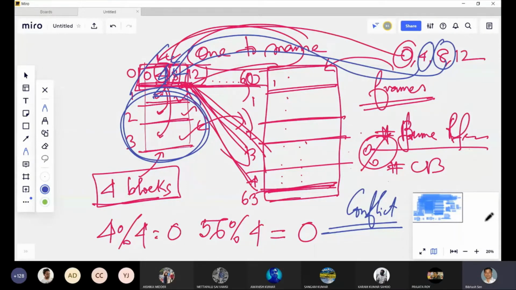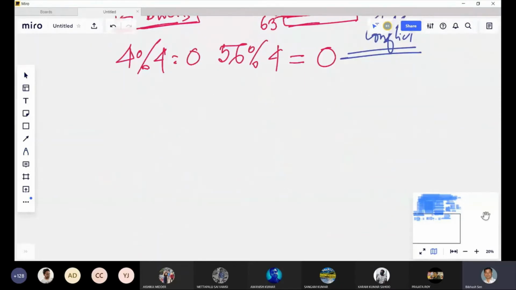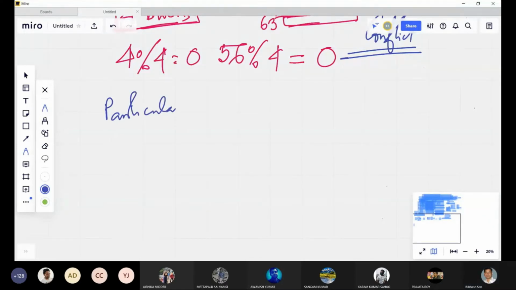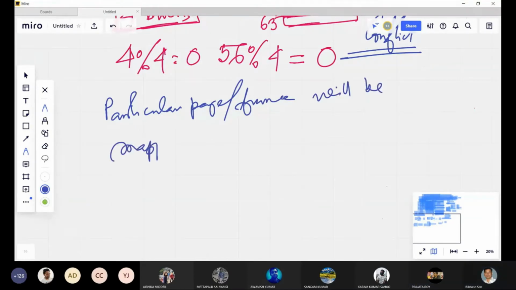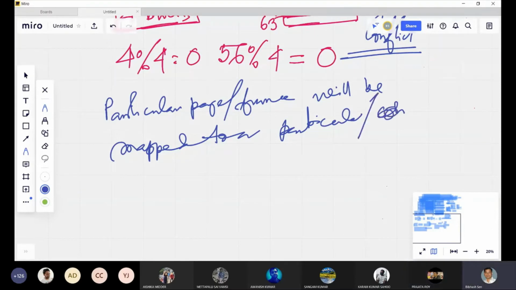So you can say a particular page from the cache, or we can say the frame, will be mapped to a definite cache block only.